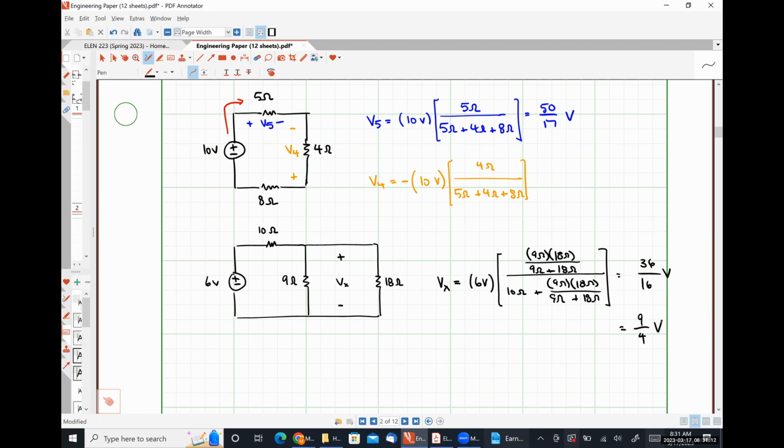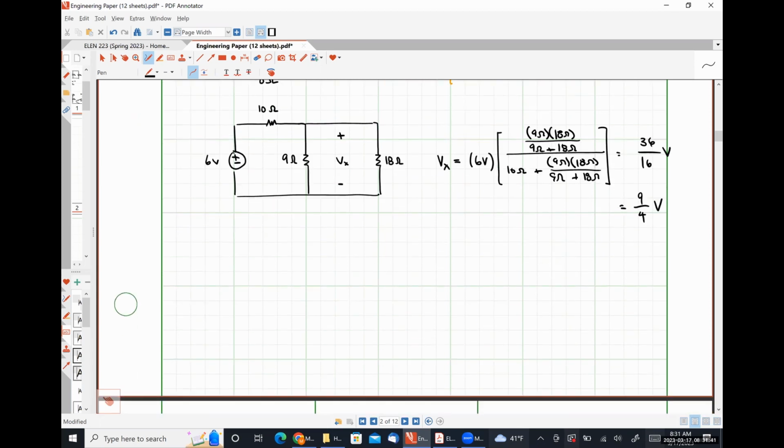So we can make voltage division work for us if we're able to combine resistances and make it look like it's simply a combination of resistances in series with our voltage source. Okay. So, any questions about voltage division? Fairly straightforwardish, right? Everybody okay? Now let's take a crack at current division.